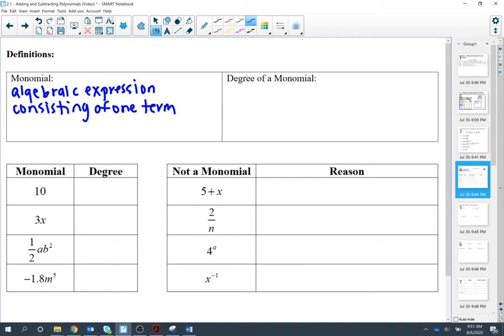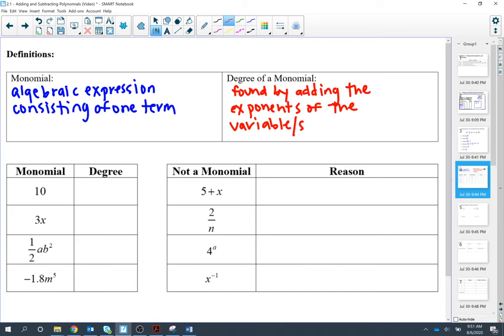Now, the degree of a monomial is found by adding the exponents of the variable or variables, okay, depending on how many there are.